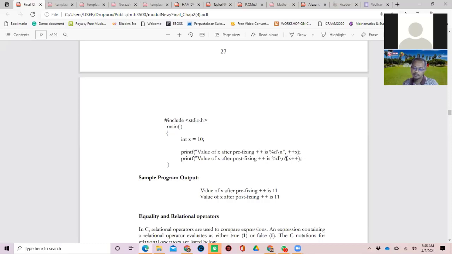So whether the plus plus is in front or behind, you need to consider two values: the value for x plus and the value for x. The value for x plus is what is printed here. x plus is 11 plus is 11, but the x value is 12. 11 plus 1 is 12, because the previous x was 11, here earlier.